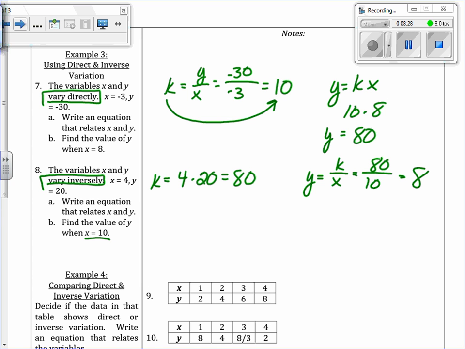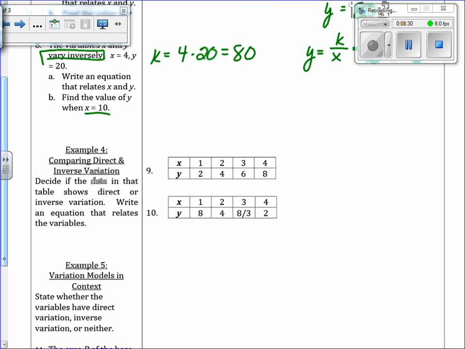Now, the next table tells us to decide, based on this data, whether it shows direct or inverse variation. So what we need to do is go back and look at our equations for direct and inverse variation.